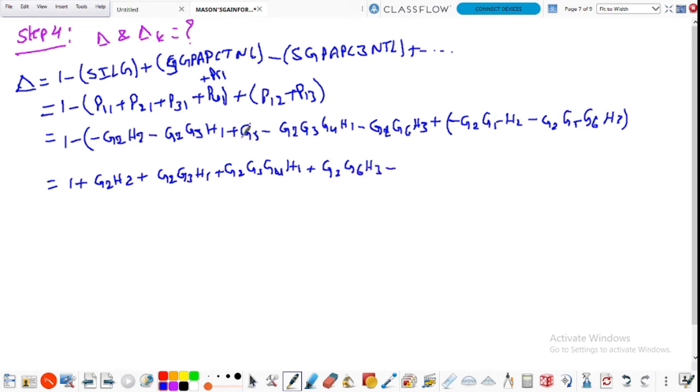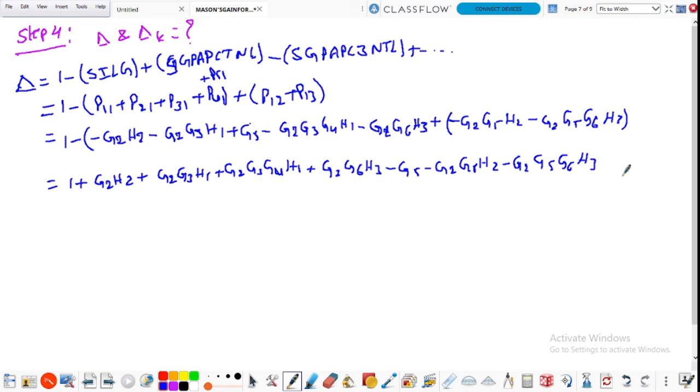Now here plus G5 is there, take the common minus. This is minus G5, minus G2 G5 H2, minus G2 G5 G6 H3, and this is the delta.